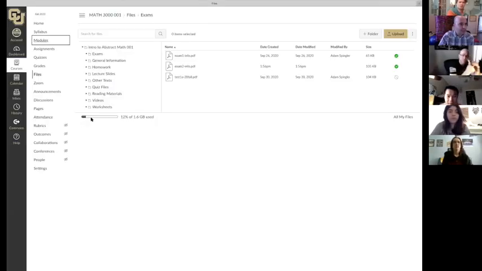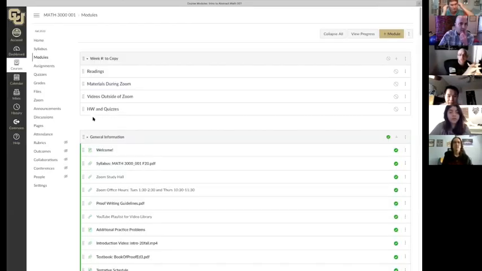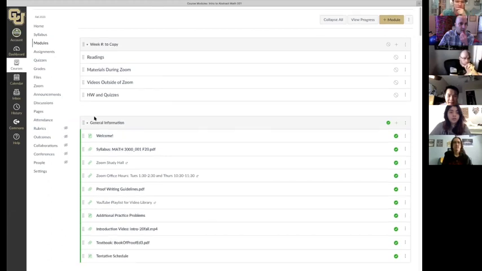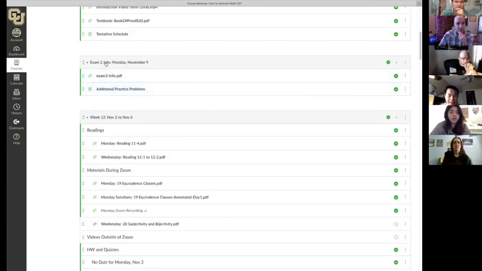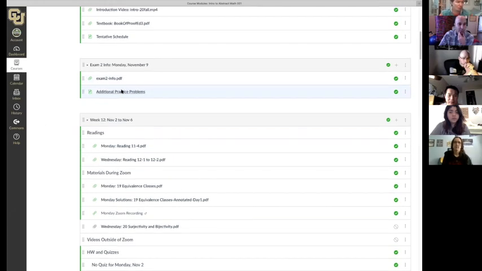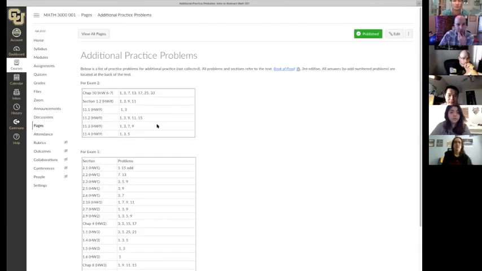And also, I want to show you that up in Canvas, there is a section over here that I added, exam 2 info. We'll go through this sheet later, but you can find that sheet here. And here's where you can find some additional practice problems from the textbook if you want to prepare.